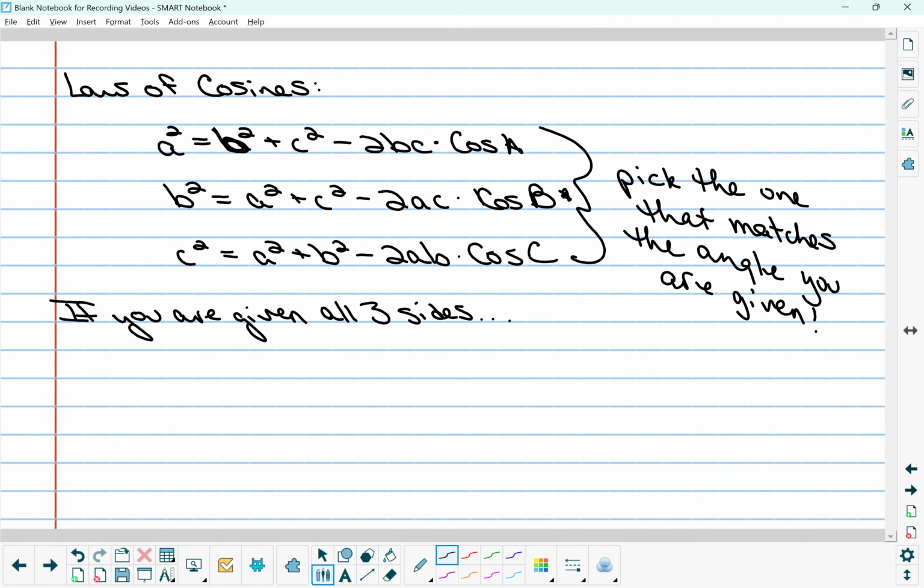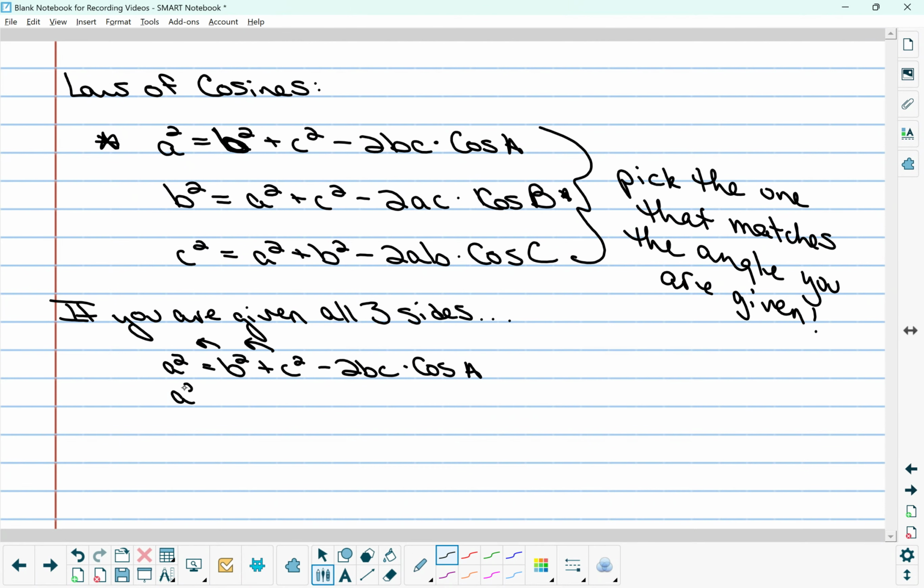we're going to derive a formula that you can use, and I'm going to take this one here. Okay, so I'm going to take A squared equals B squared plus C squared minus 2BC times cosine of A. And we're going to solve it for cosine of A, essentially. All right, so I'm going to subtract off the B squared and the C squared.